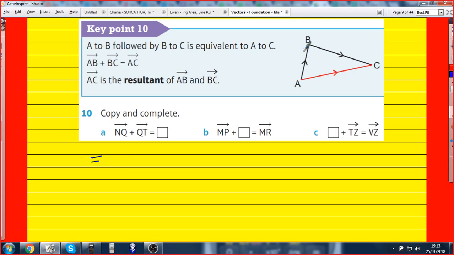So it's like N to Q, Q to T is the same as what? Oh, A to B, B to C. Right, but in terms of N and Q, Q and T, N to Q, Q to T is the same as what single vector?